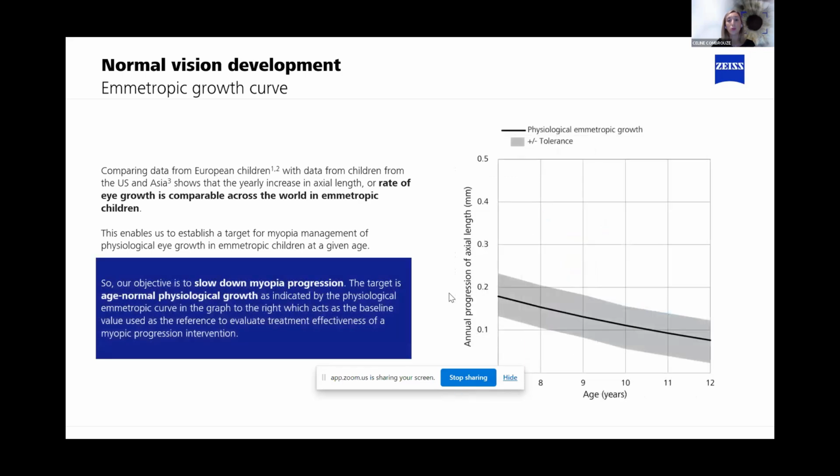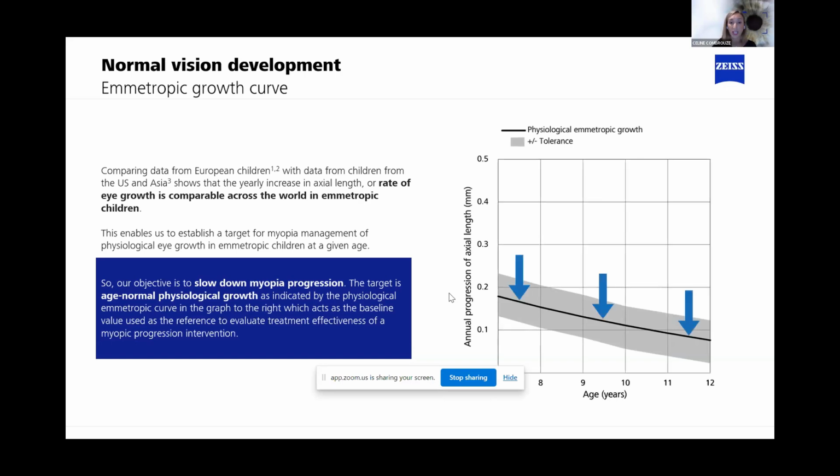So what we want to do is actually to measure the efficacy of our lens by measuring how the axial length is growing compared to the axial length progression of an emmetropic eye. That's where we are removing all those parameters.